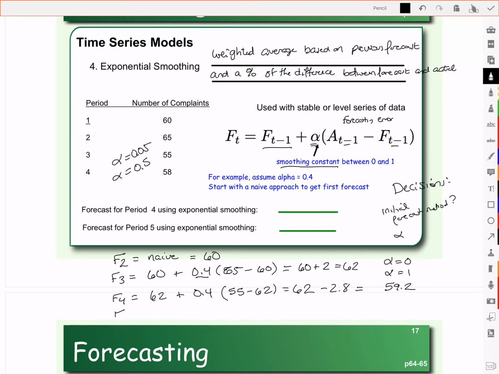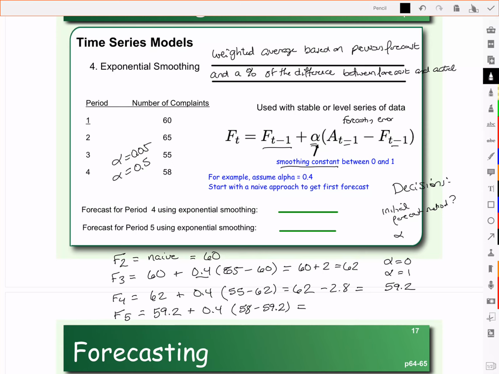We could go on into the future, forecast 5. Our previous forecast was 59.2. We add in that smoothing constant times our forecasting error. In period 4, you notice the actual was 58. Subtract what our forecast was of 59.2.